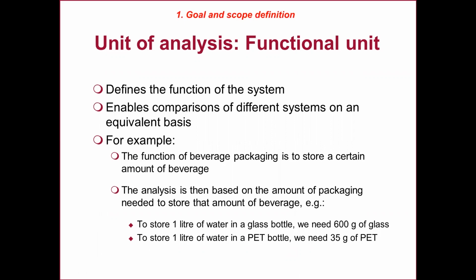The same could be applied, for example, to paints. If we compare two paints, one of high quality and another of average quality, one option is to compare based on 1 liter, but as we know, that 1 liter comparison would give us misleading results.